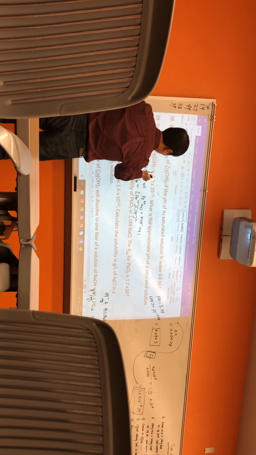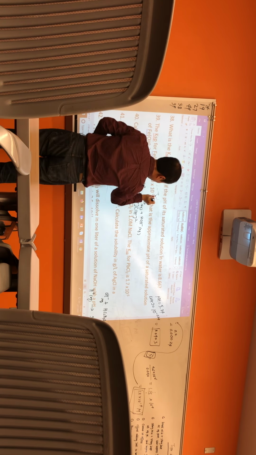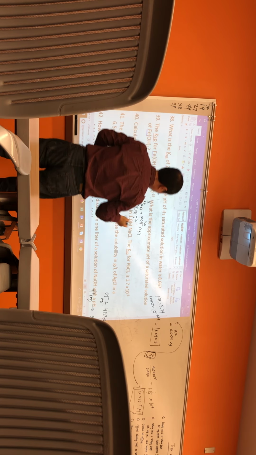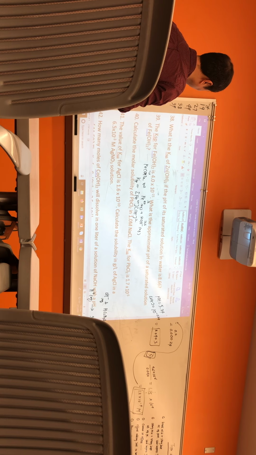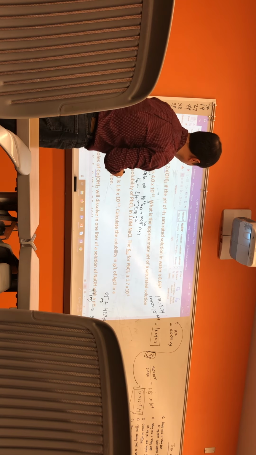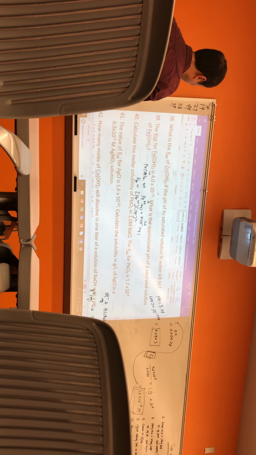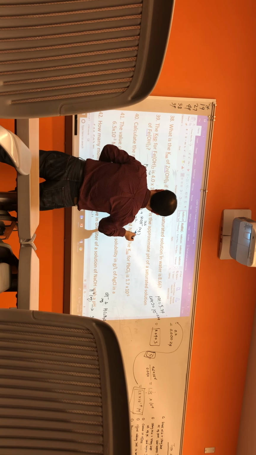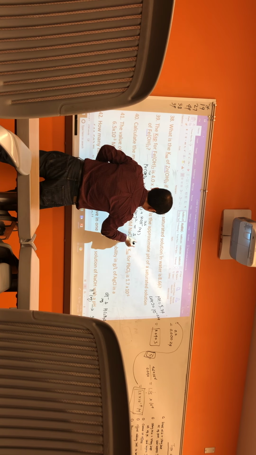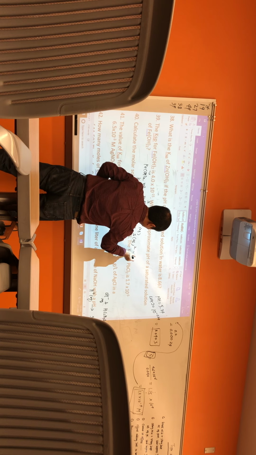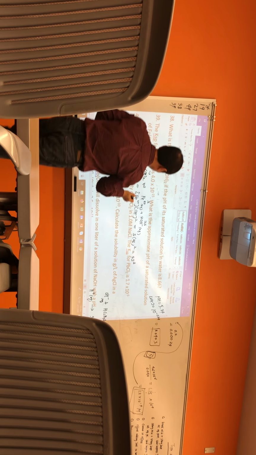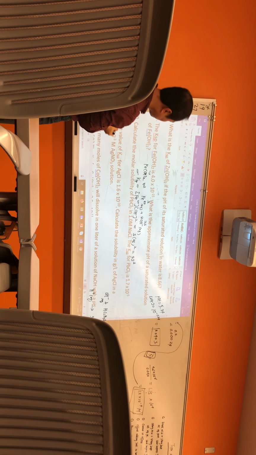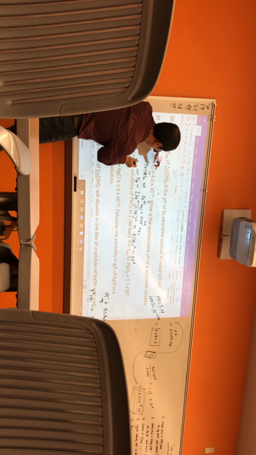And if S amount dissolved, it will be S. This will be 2S. Okay. So you can use this one for S and 2S squared. So they make it 4S cubed equal to KSP that was given right there.